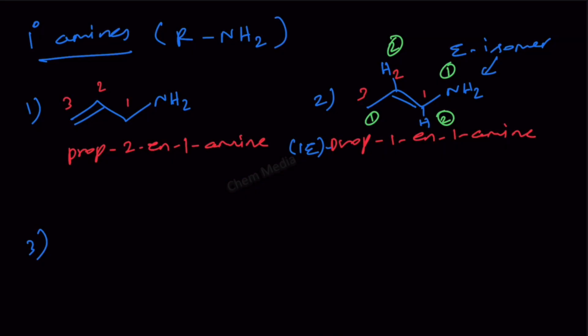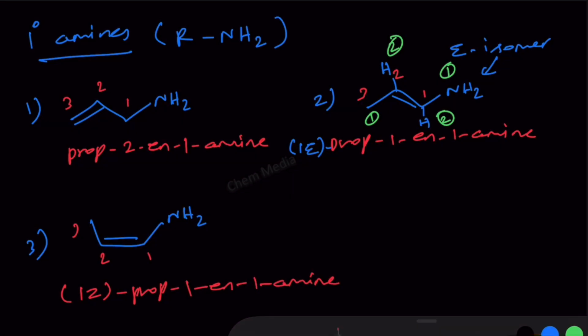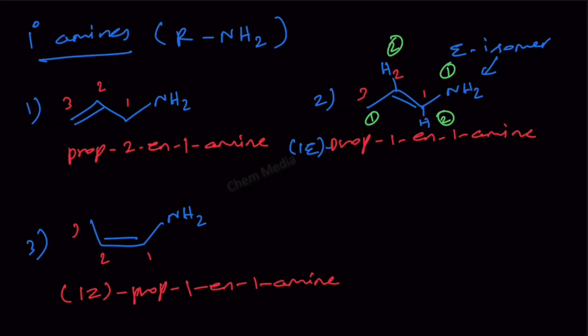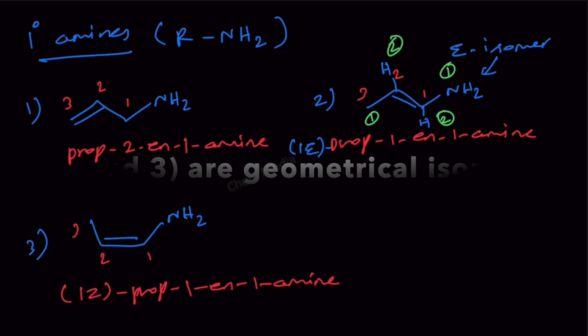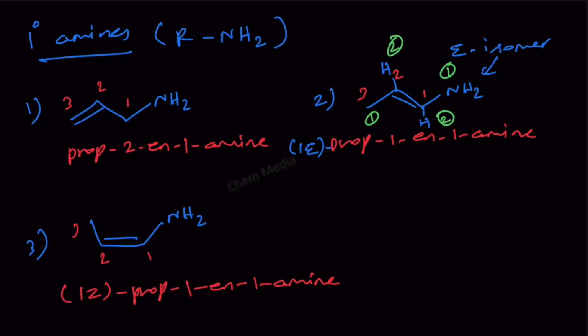So the Z isomer we can write this way: 1, 2, 3 and then the NH2 group. So this is (1Z)-prop-1-en-1-amine, because now the hydrogen atoms are on the same side of the double bond. So low priorities are on one side, high priorities are on one side. So therefore this is the Z isomer. And then number 4, we can also write prop-1-en-2-amine.